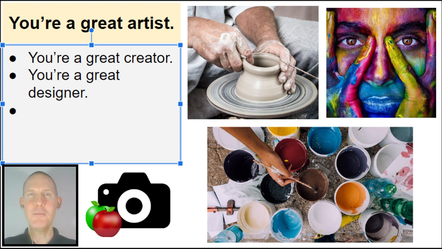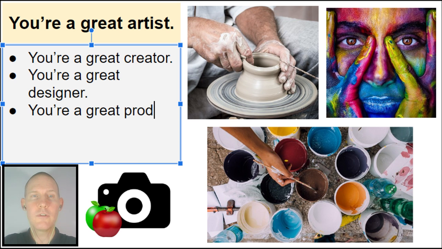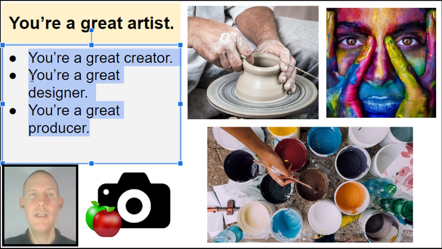A designer is someone who designs something. They create something like clothing or paintings, or they design a building. And another way that's similar to say you're a great artist would be you're a great producer. So these are similar ways to say you're a great artist. They're not exactly the same.